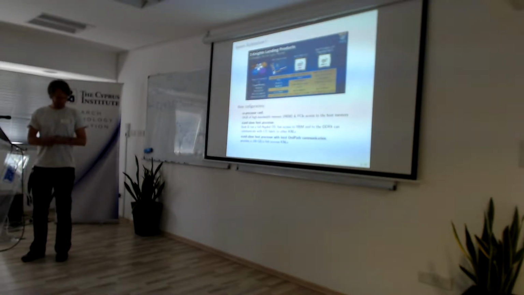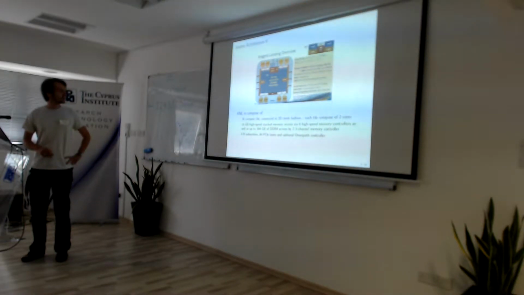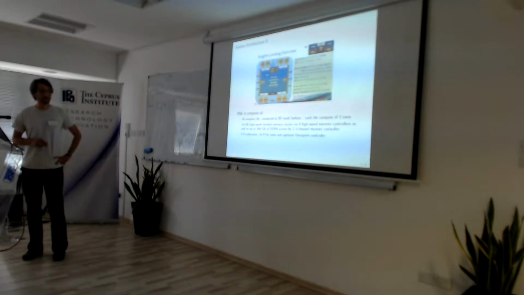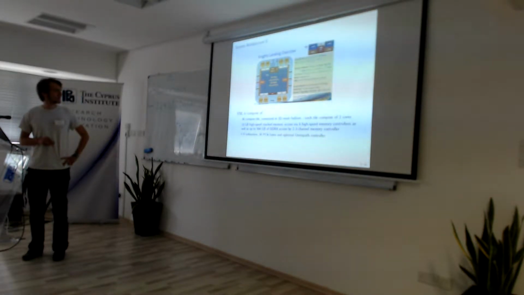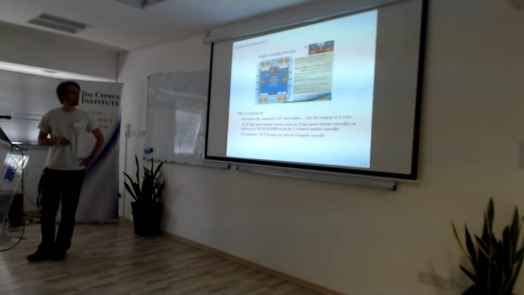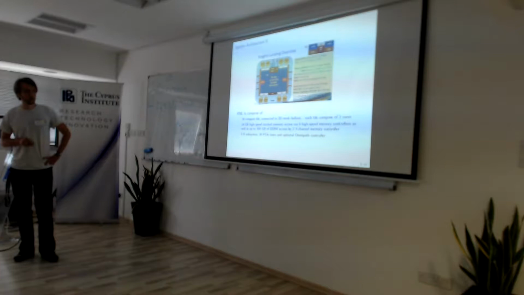Okay, good. So let's talk about what the KNL is composed of. It's composed of 36 compute tiles, which are connected by a 2D mesh. Each of these tiles is composed of 2 cores.